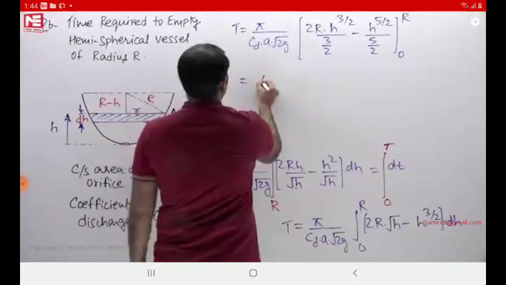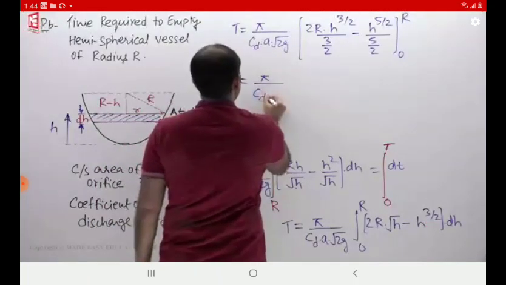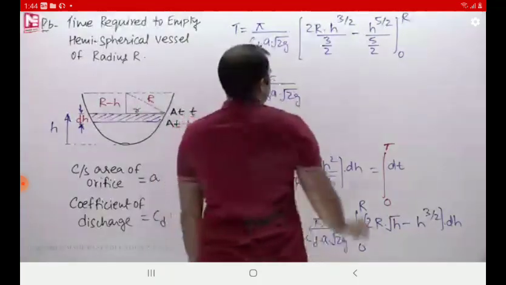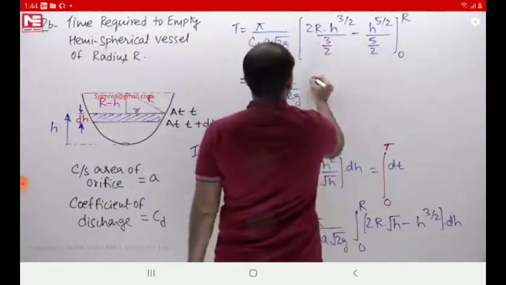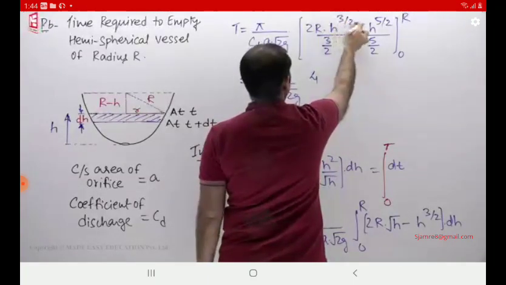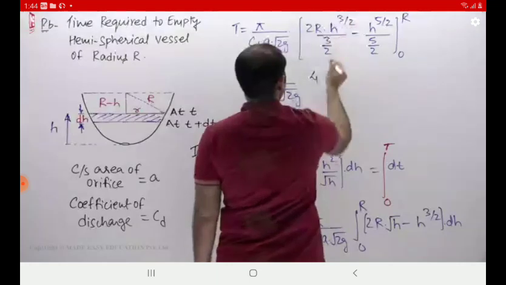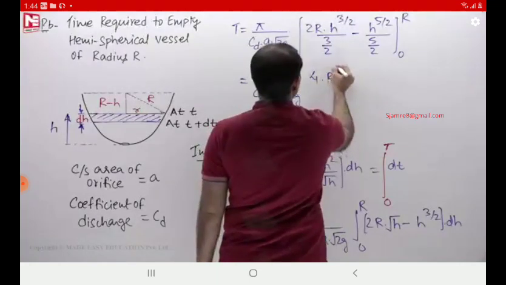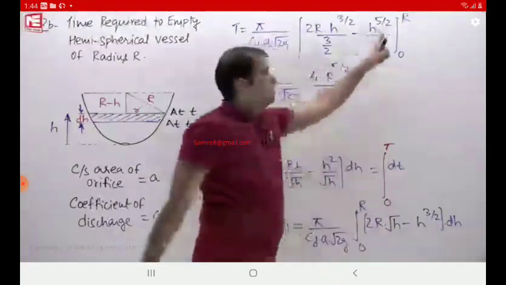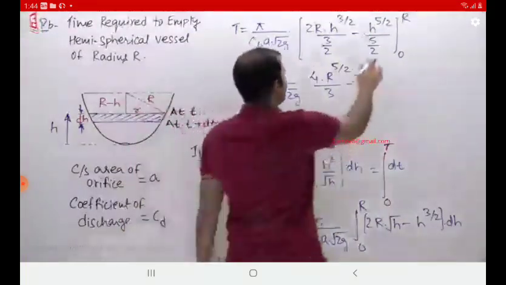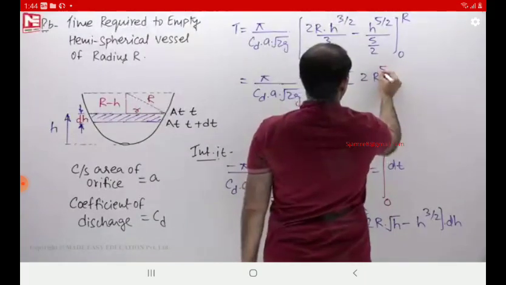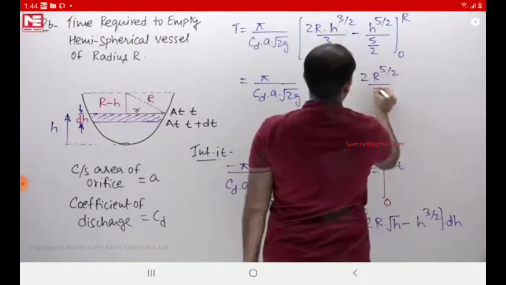So this thing becomes pi upon CD multiplied by A multiplied by root of 2g. This becomes 4, and this becomes r and this also becomes r. So r to the power 5 by 2 upon 3, minus this is 2, and this is r to the power 5 by 2 upon 5.